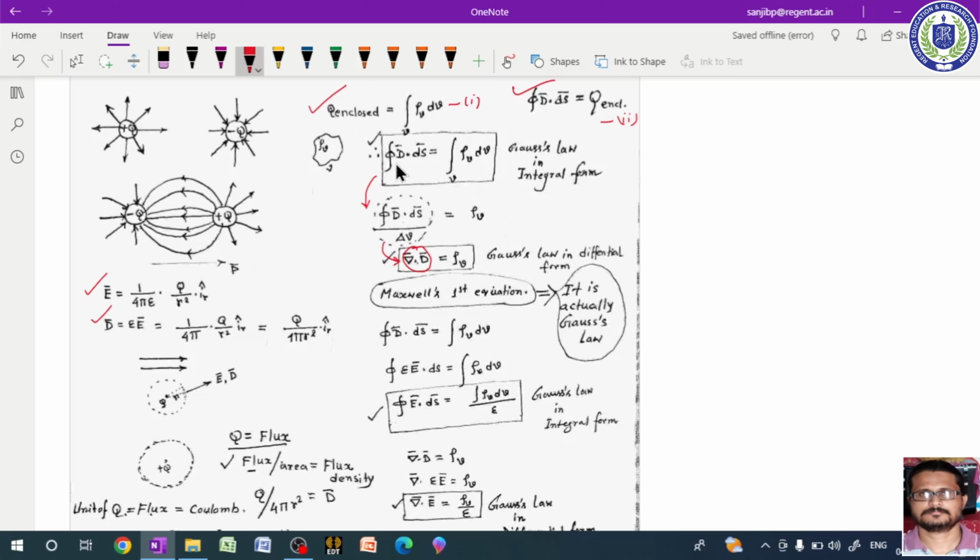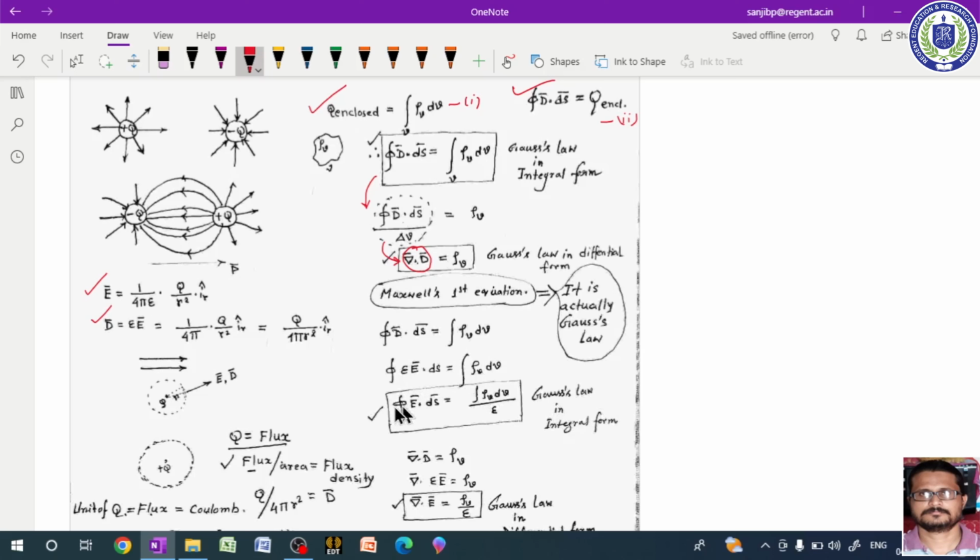Here you know D equals epsilon E, so in place of D you can write epsilon E. So here is a change in the integral form: in place of D, I have written epsilon E. If we consider only E and take epsilon as homogeneous, you can take it common and move it to the right-hand side. You will see this equation.